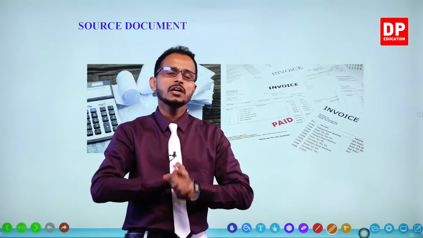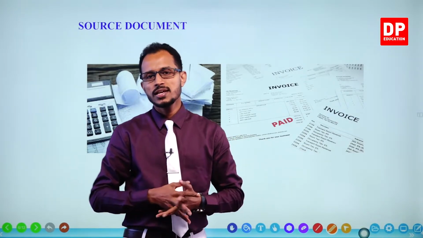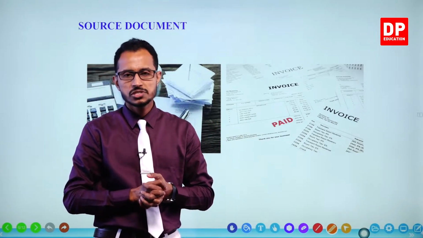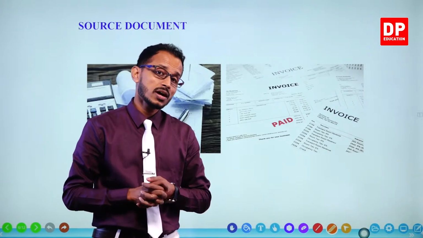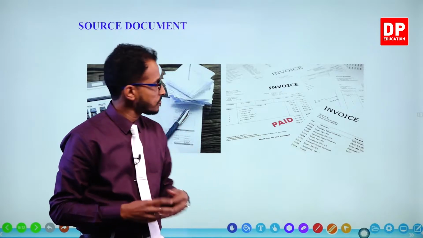And children, we learned what type of transactions are recorded in these different prime entry books.